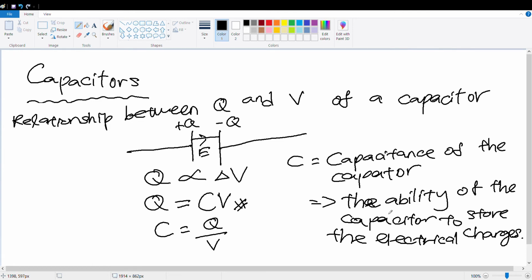This one is actually not the true definition for the capacitance.